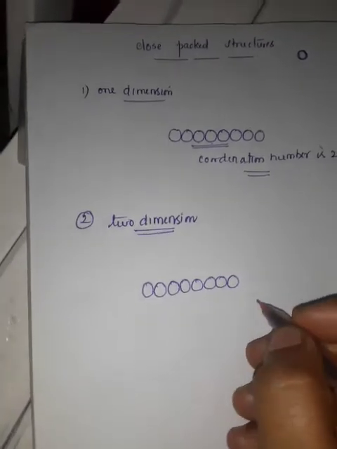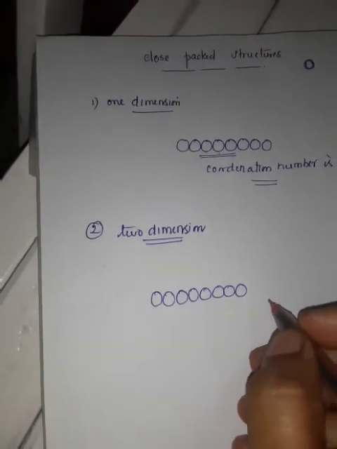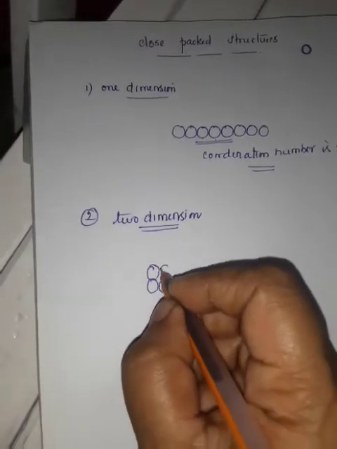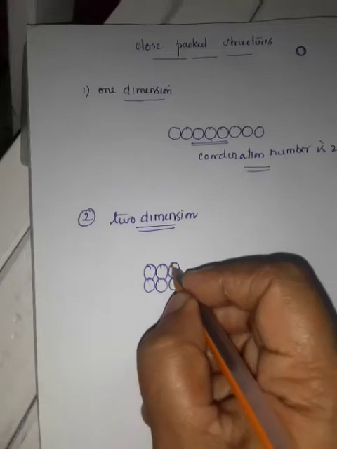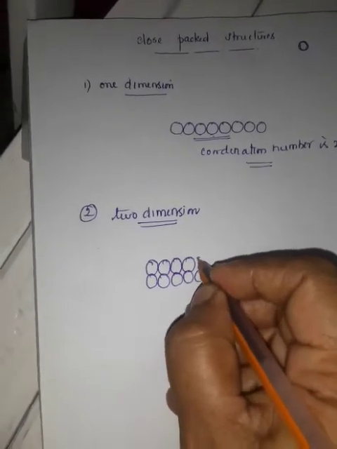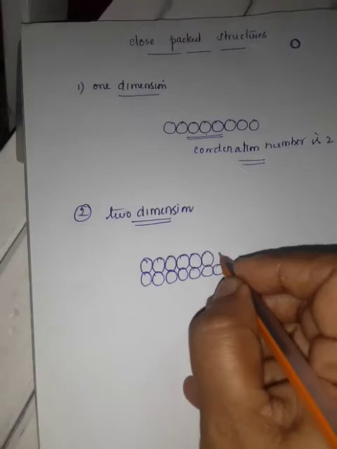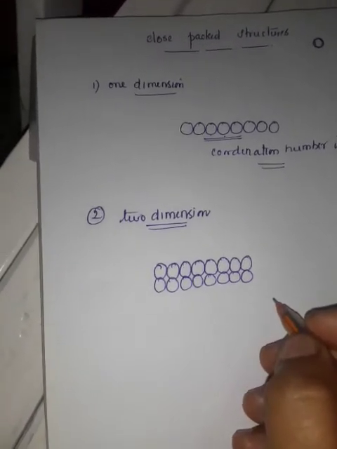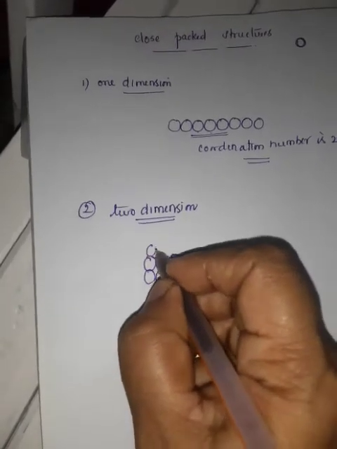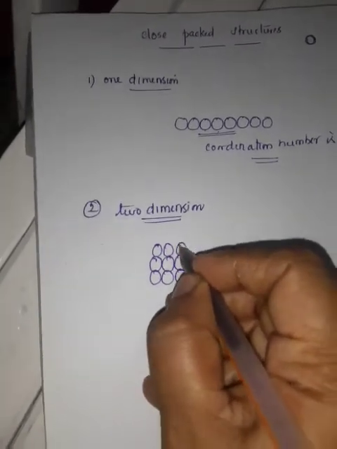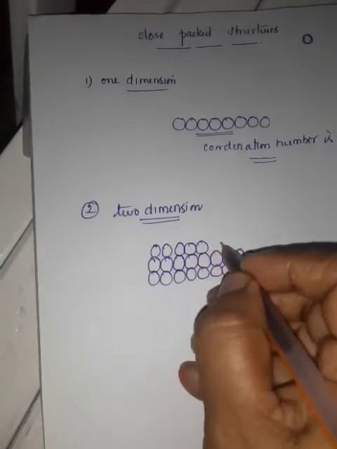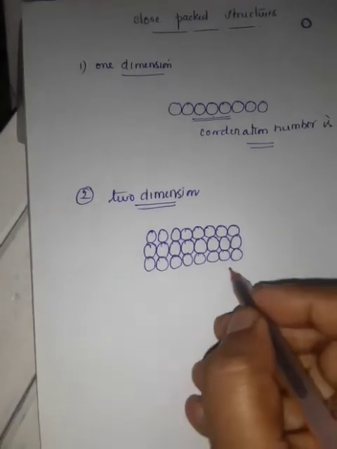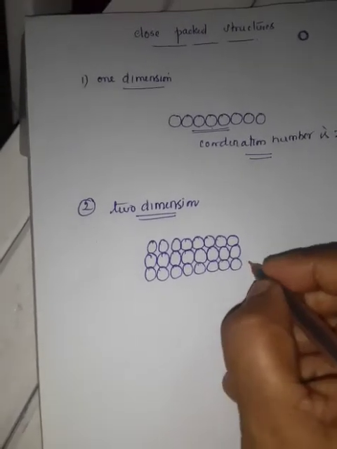This is the first row, and the second row is placed exactly above the first row, like this. They are arranged in length and breadth. This is the A type.